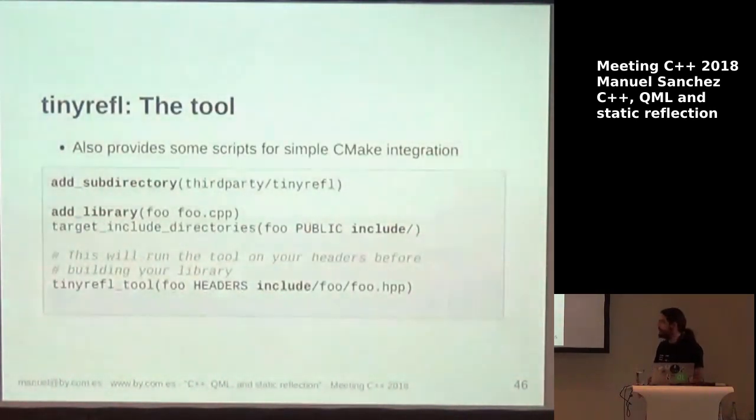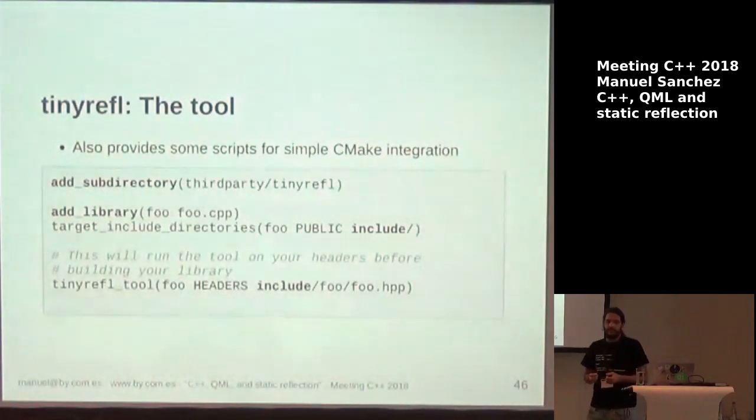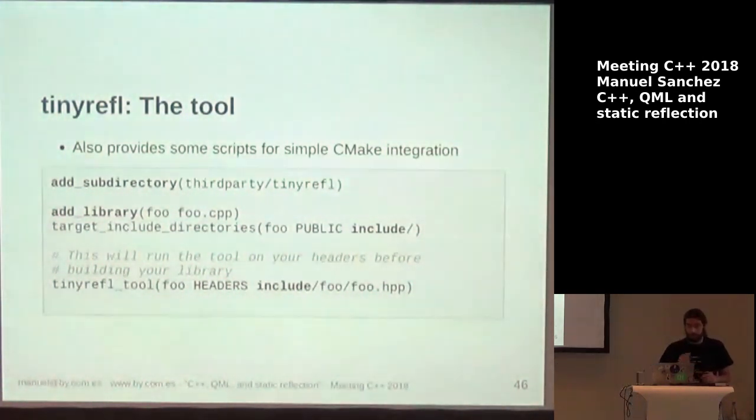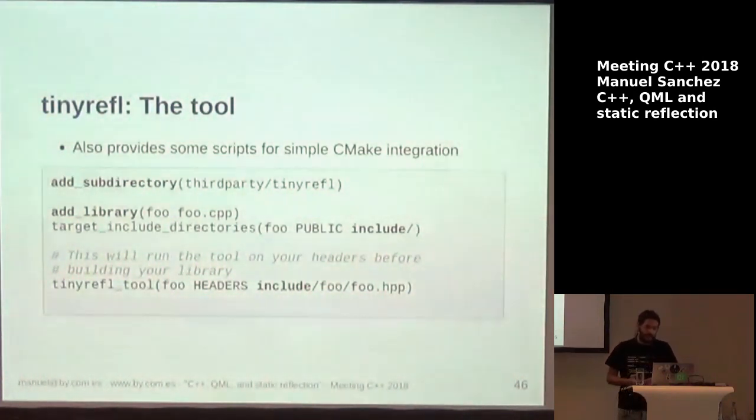The tool provides some scripts to ease the integration of the library into your CMake projects. So to use the library, you only have to add the library itself as a subdirectory, building from sources. Declare your library with whatever headers and sources it has, and then say, I need to run the tool on my target foo, and the target foo has these headers that should be reflected.